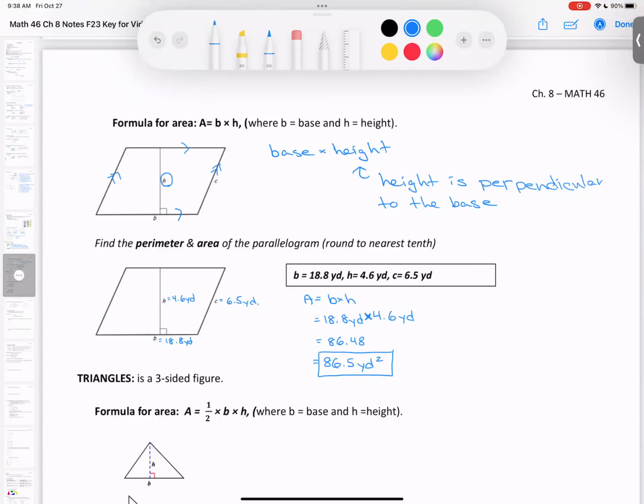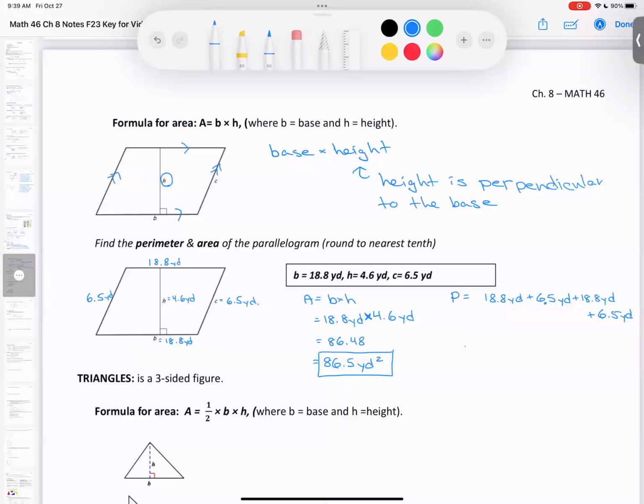Okay, and then we were also asked to figure out the perimeter. Remember, perimeter is the length to enclose the shape. We can do this two ways. I'm just going to go around the shape. So we've got 18.8 plus 6.5 plus this other side length here, which would also be 18.8, and then plus that final side length over here, which is going to be 6.5.